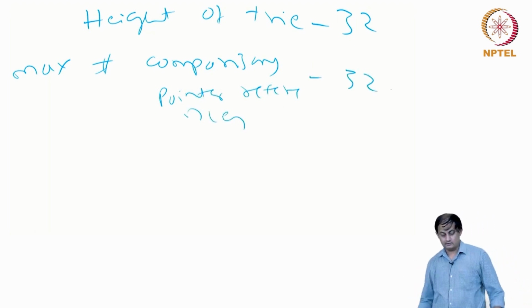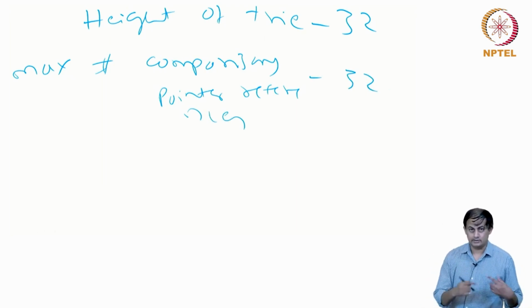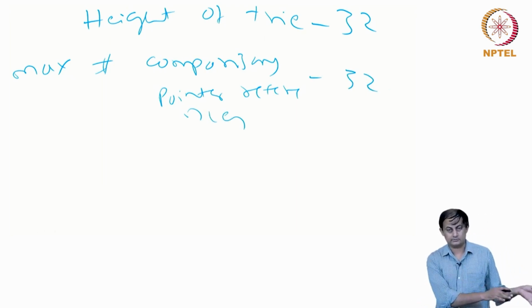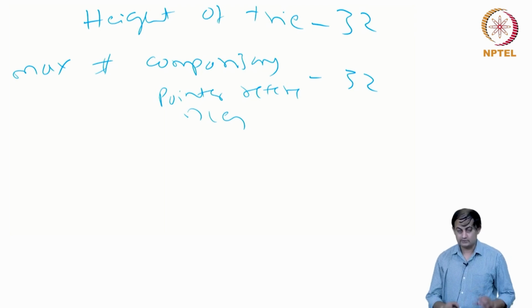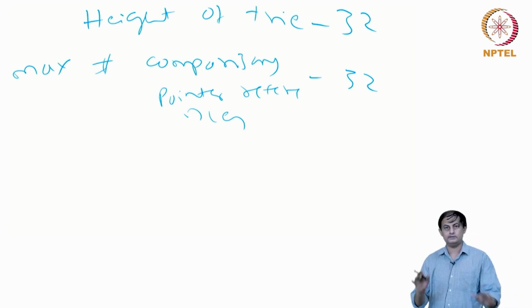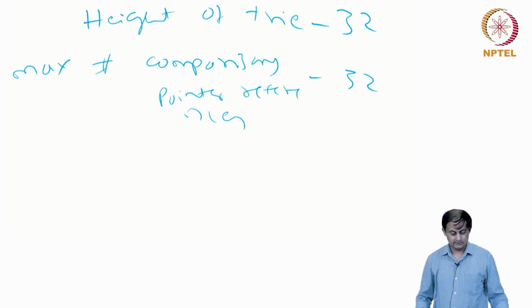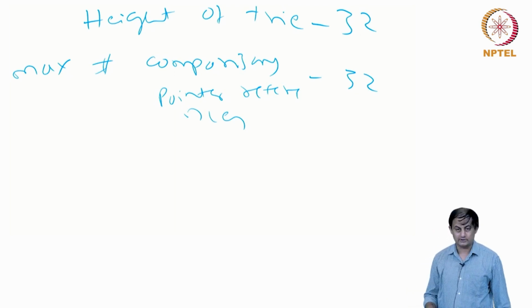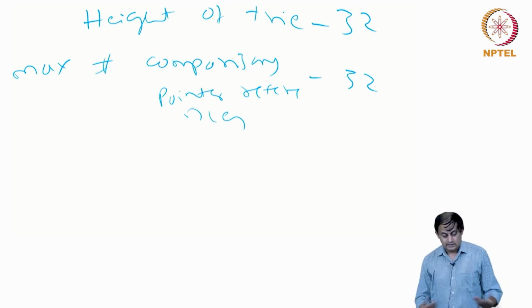At every level you are going to have one, but you decide to go either to the right or to the left. And the node itself will have three components: the left pointer, the right pointer, and the label or the output interface name. So that is how the trie is constructed, and based on that the routing is done.